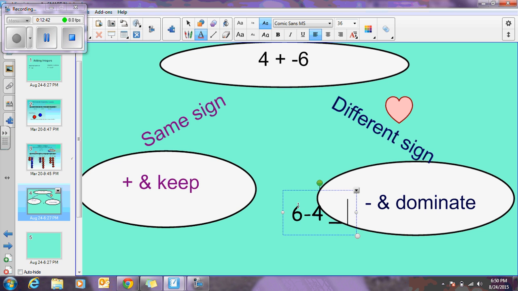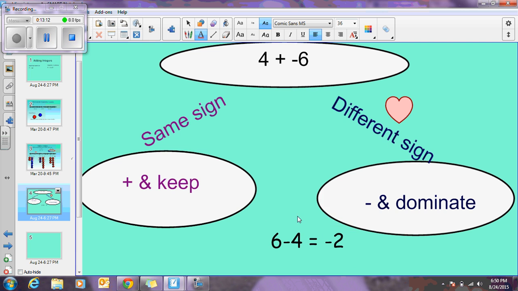I know that that's 2, and then we need to see which sign dominates. The bigger absolute value is the 6. He's like the dominator. He's negative, so our answer has to stay negative. That's what I mean by dominate. So 4 plus -6 is -2.